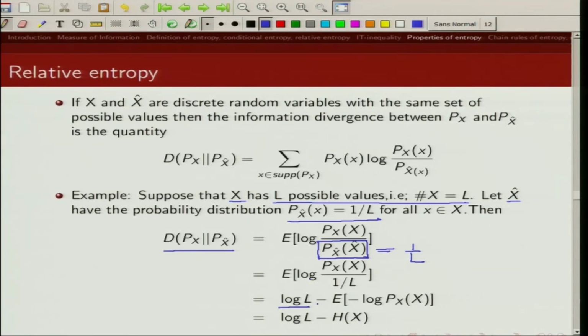This I can write as minus of expected value of minus of log of p of x. And what is this quantity? This is our entropy. So then I can write down the divergence between p of x and p of x hat is equal to log of L minus H of x for this particular random variable x and x hat.